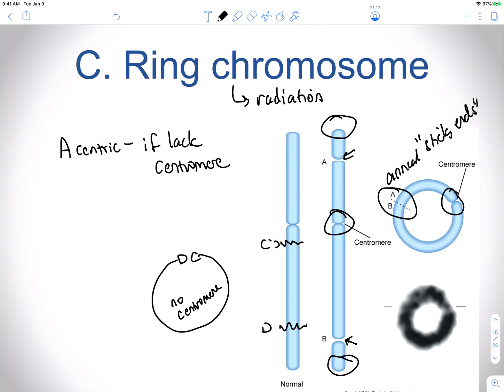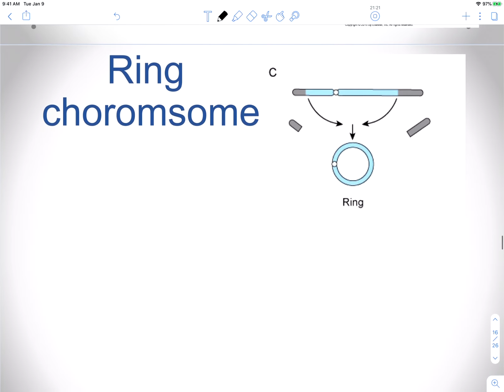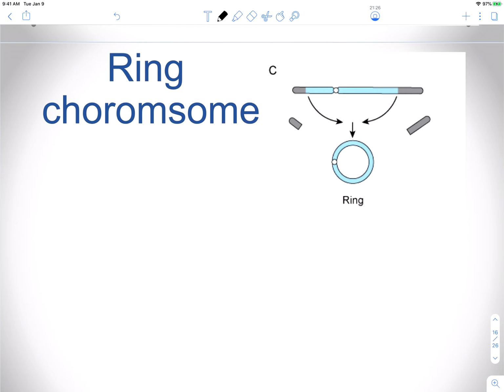So that would be an acentric. All right, so ring chromosomes can form acentric fragments, and then a karyotype of a female with a ring on an X chromosome would be a 46, so they still have 46 chromosomes.